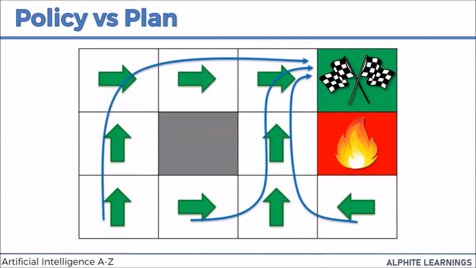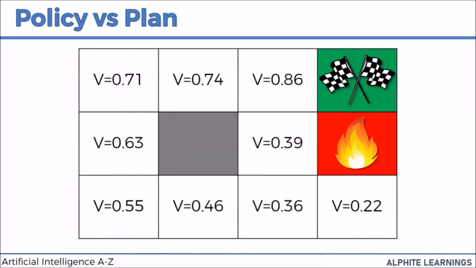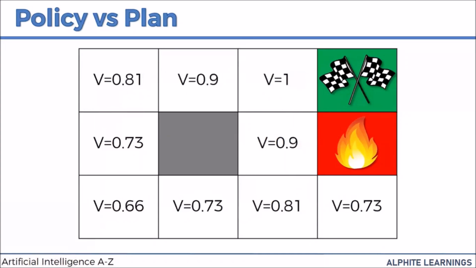But now I'm going to apply the Bellman equation where I have added in the Markov decision processes. You can see here that we don't have the value 1 now. It will be something like 0.86. How come? You can compare with this.